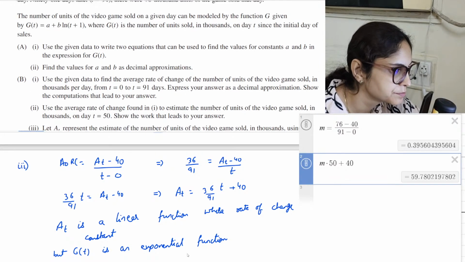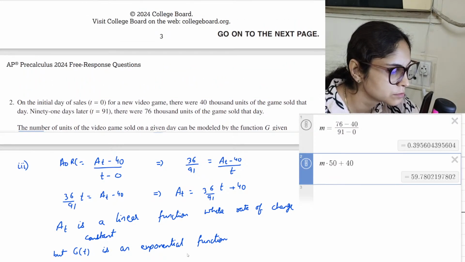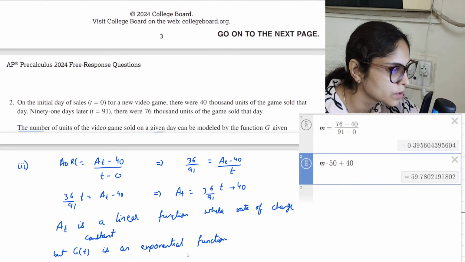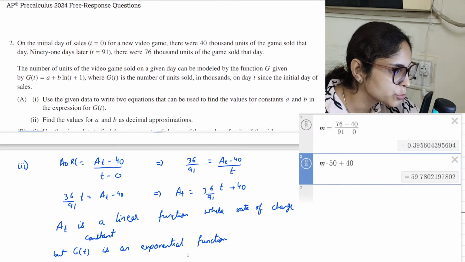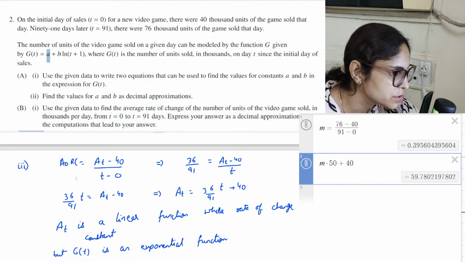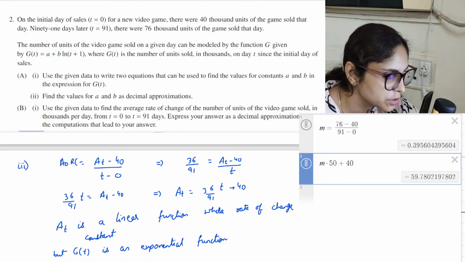Actually, it is not an exponential function, it's a logarithmic function if we look at it. G of T is your logarithmic function.